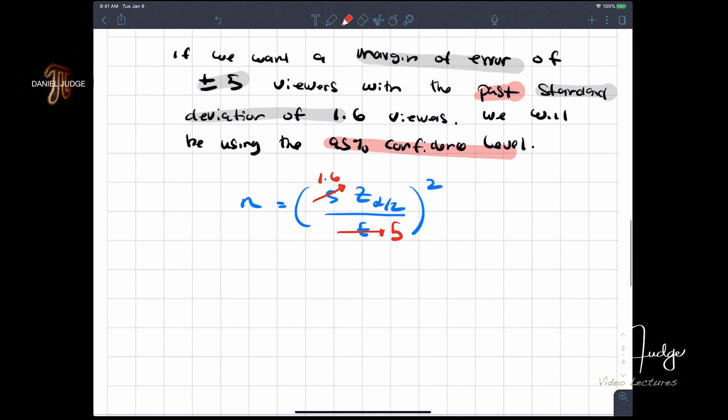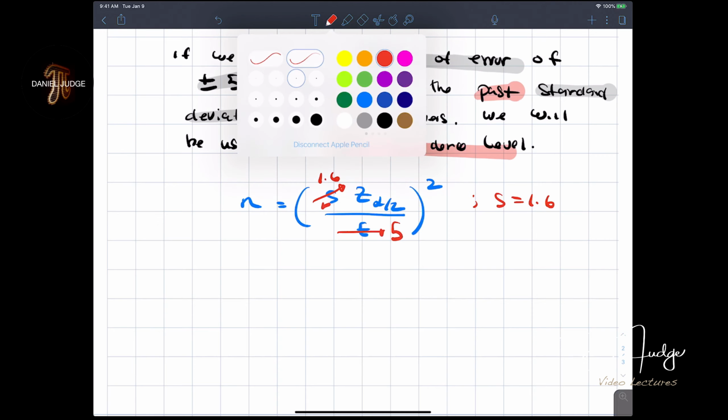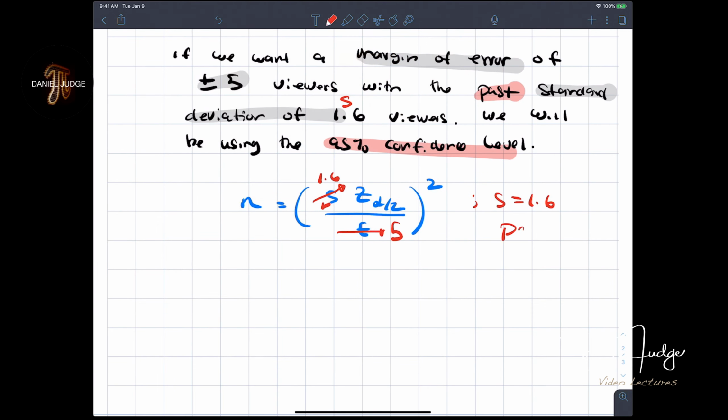Well, since I haven't gathered data, I need a standard deviation. It's in my formula right here. And you say, well, how come they give me one? How come they say that's my S? My S is 1.6. The only way they can do that is if this value is from the past. So that has to be from your past, ladies and gentlemen.